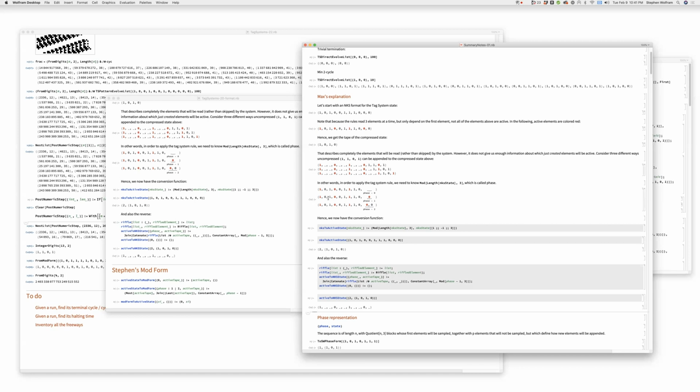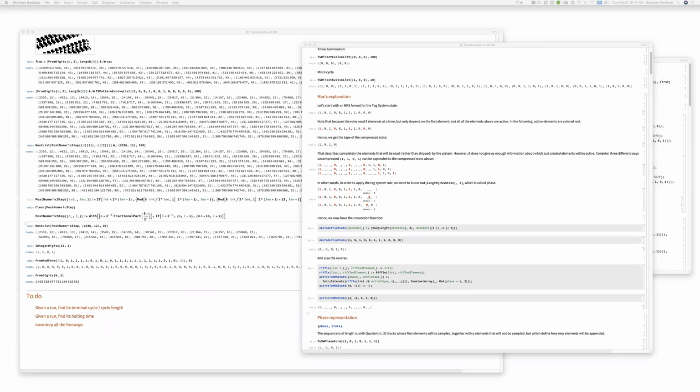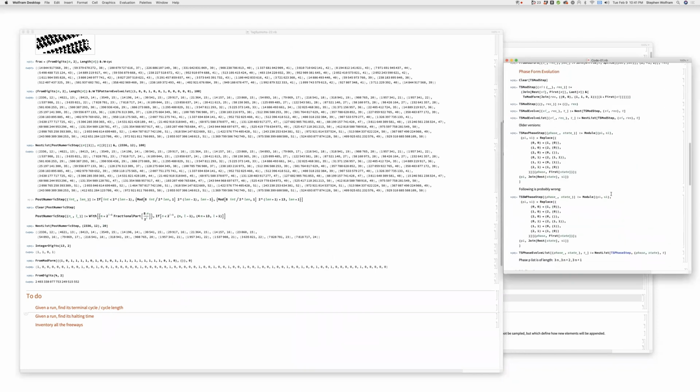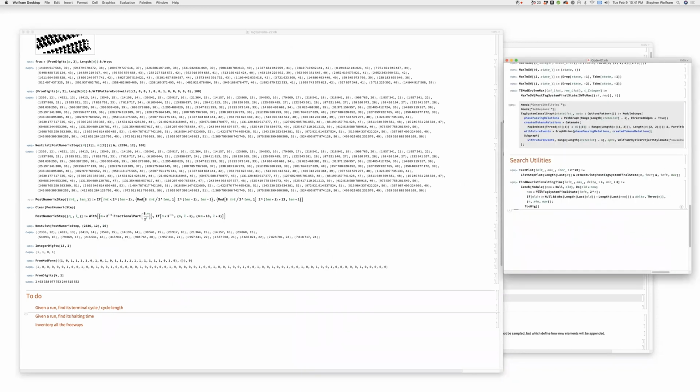All right, fine. Okay, given a run, find its terminal cycle. Okay, how do we do that? So we're given, okay, do you have a cycle finder now? Because, again, we're going to run it until, okay, we've got the search system here. Search utilities, find heuristic halting time.